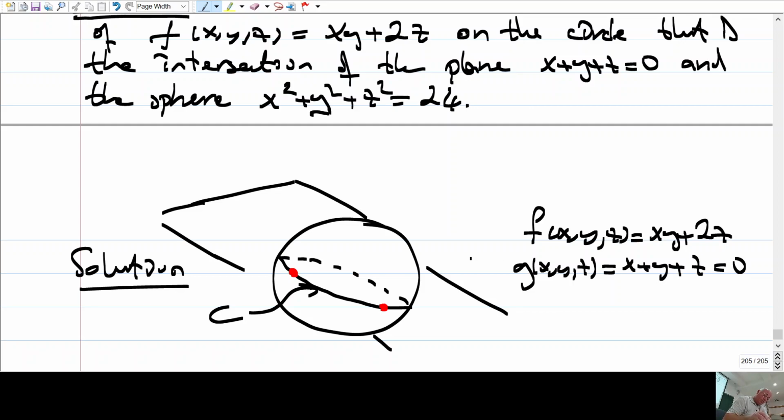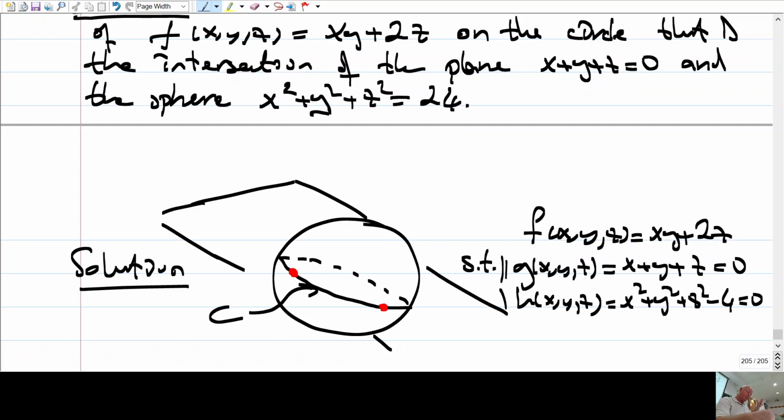This is the first condition, subject to. And the second one, h of x, y, z, this is the sphere, x squared plus y squared plus z squared minus 4 equals 0. So f is this, g is this function, and h is this. Right, x, y, z should satisfy both conditions. This one and this one. This gives a sphere, this gives a plane, and the intersection, of course, is a circle.